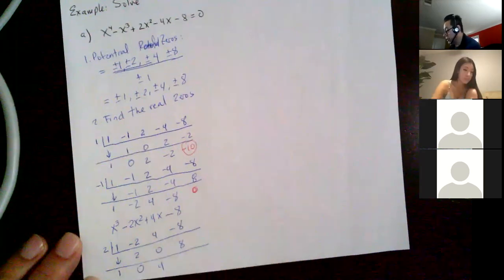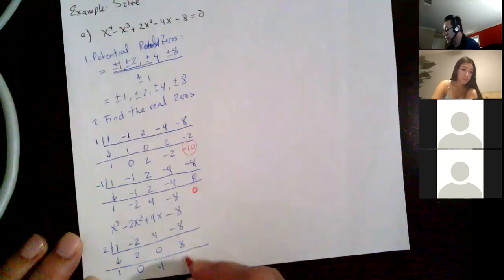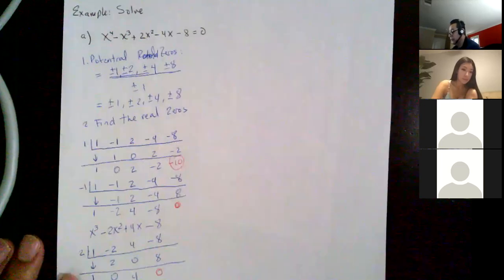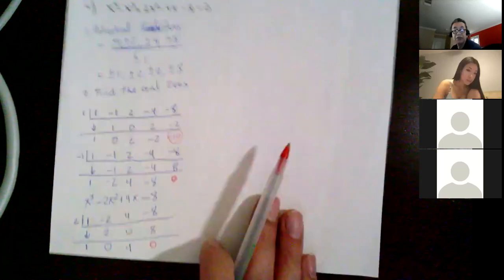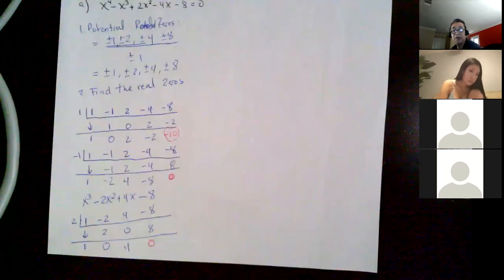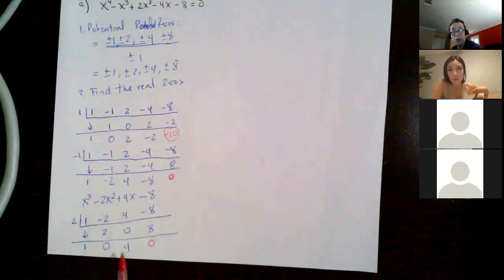Notice, we're lucky. The 2 is also a factor. Everybody notice that? So now we have two real zeros, the negative 1 and positive 2. And notice what is left here. I'm going to write the polynomial that is left here.